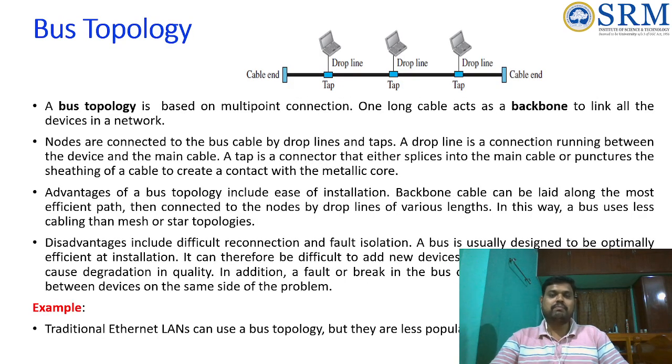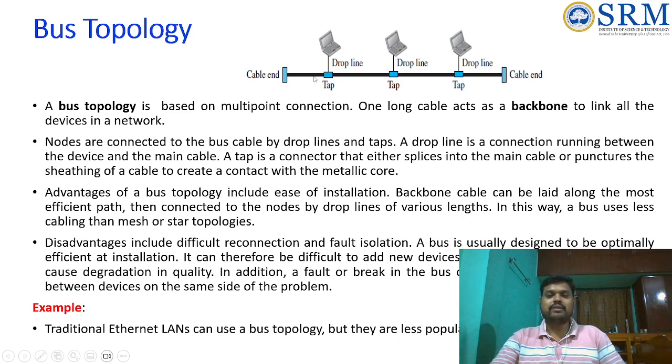The next one is the bus topology. If you want to create a computer network, you can lay a main cable or backbone cable in such a way that you can connect as many systems as you want through drop line cables or Ethernet cables. If you want to develop a computer network within a room or within a building, first you have to lay a main cable.